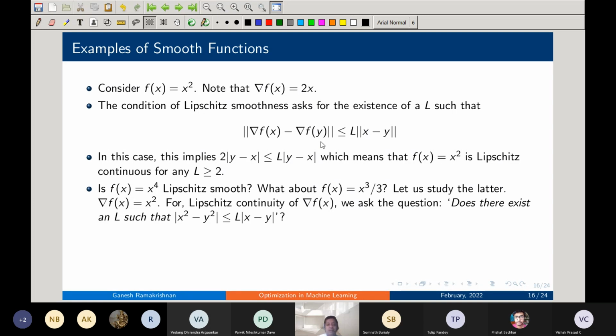Now, is f(x) equals x raised to 4 Lipschitz smooth? If f(x) equals x cubed by 3, is it Lipschitz smooth? We're studying the latter to begin with. Is the latter Lipschitz smooth?